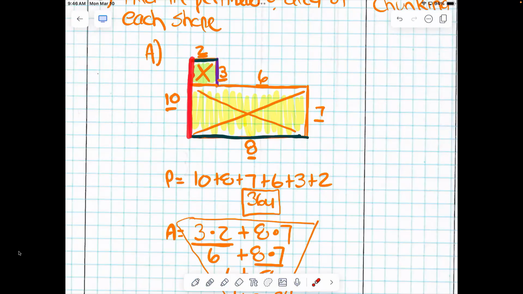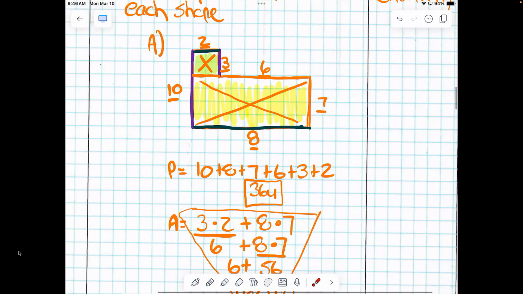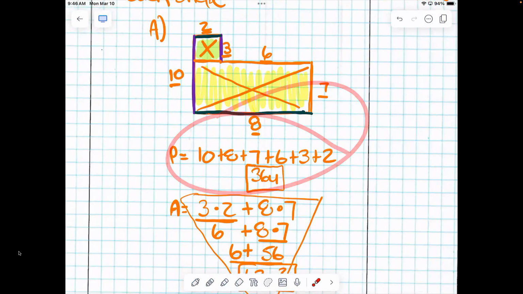If this line is 10, and I told you that this line right here was 3, but this was not given to you, could we find that side? Wouldn't this side and this side equal 10? Remember how we did that? Okay, cool. So once you find all of the sides, you add the perimeter up.